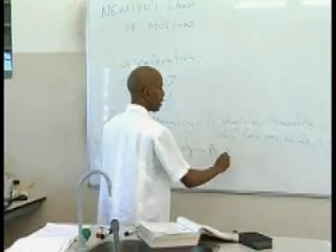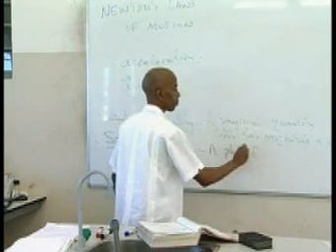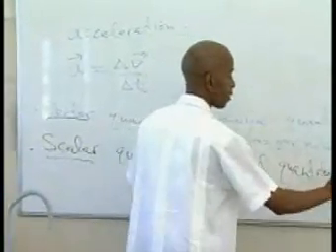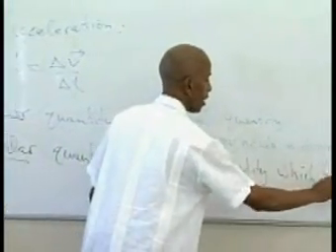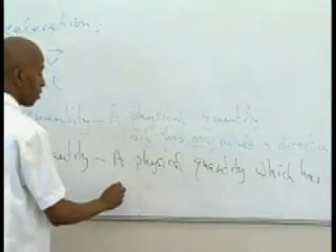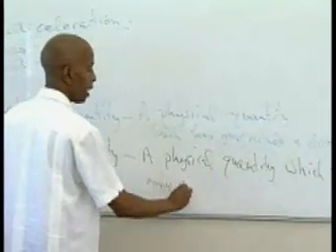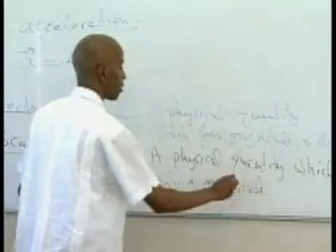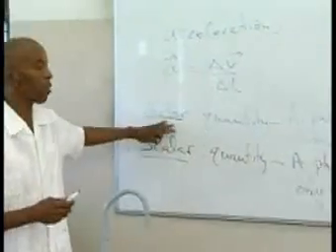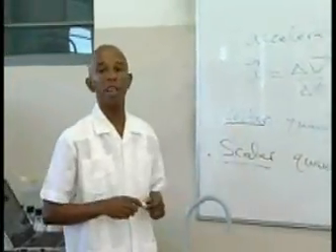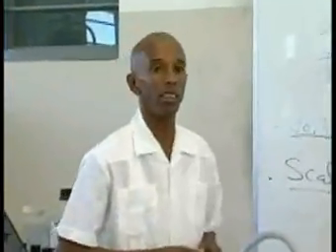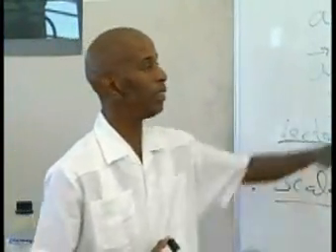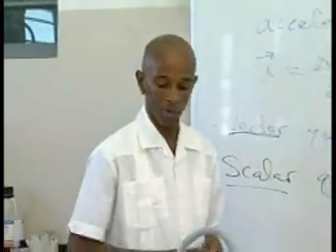It's a physical quantity which has only a magnitude. In a previous class, we would have covered both what a vector is and what a scalar quantity is. An acceleration is a vector quantity, same as velocity.